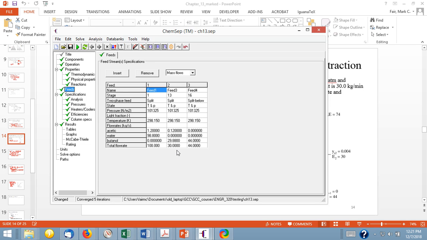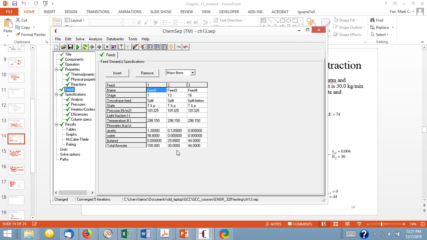And we're told that one has 0.4 weight percent acetic acid in it, and that the flow is 30 kilograms per minute. So if we use that 30 as our basis, 0.4 times that gives us 1.2. And so that means the remaining part should be, excuse me, 0.12. It's 0.4 weight percent. So 0.12. And that means then that we should have a butanol flow of 29.88.